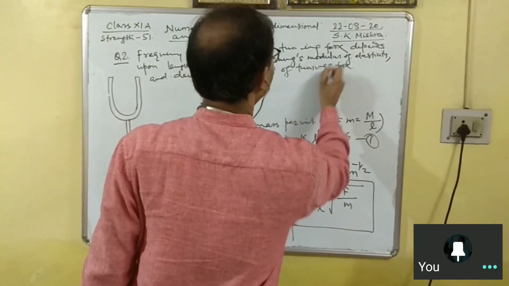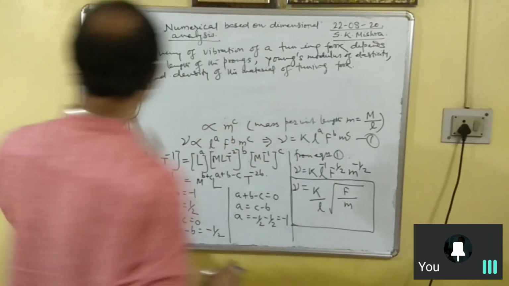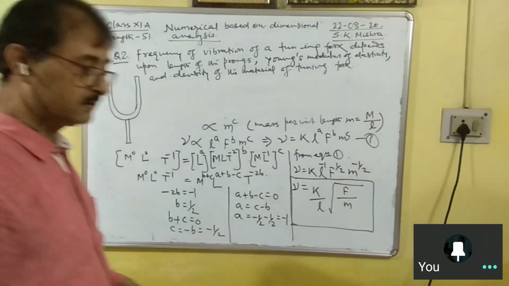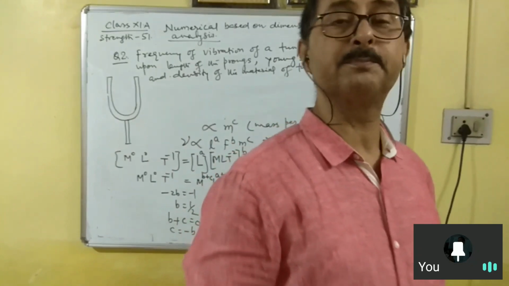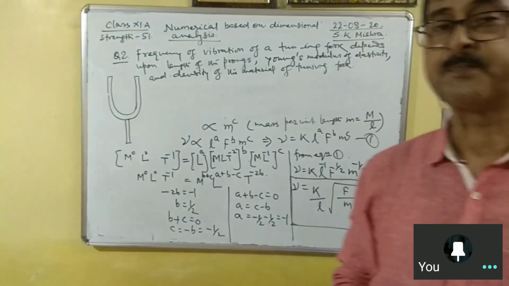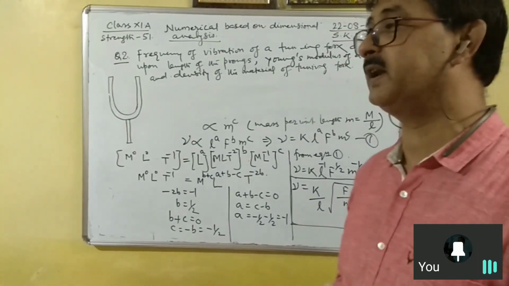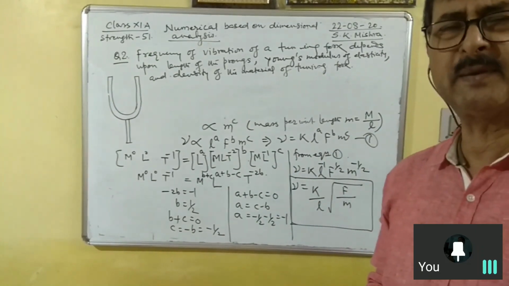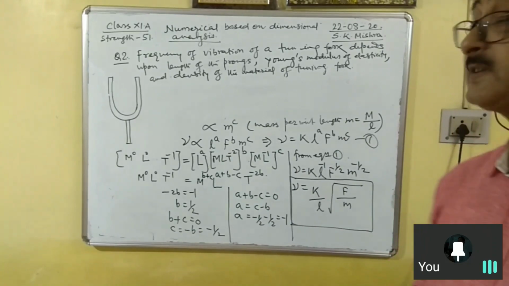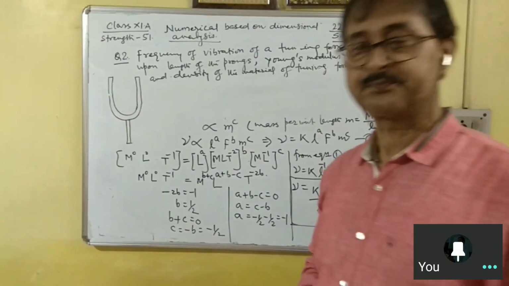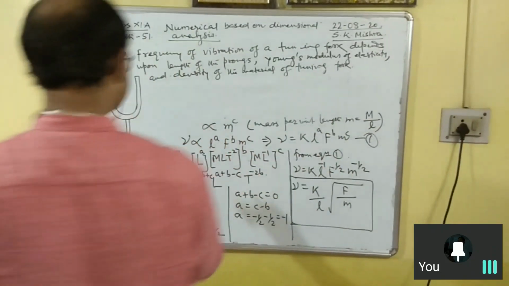Tuning fork means of what material the tuning fork is made up. So then their density also matters. Tuning fork may be made up of iron, steel or copper, or so many materials. So it depends upon density of the material also. Okay. Now this is the condition.